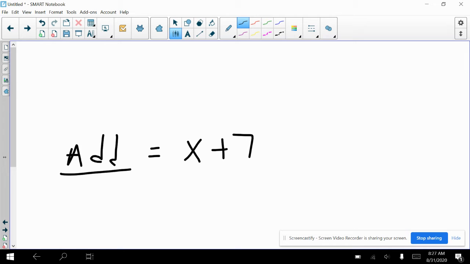Or, what else could we say? 7 plus x. Addition can go either way. You can write it forwards or backwards. I hate to say backwards, but that's the way that it is. Because 3 plus 2 is 5, and 2 plus 3 is 5. They all equal the same thing. Addition is nice. It can go either way.